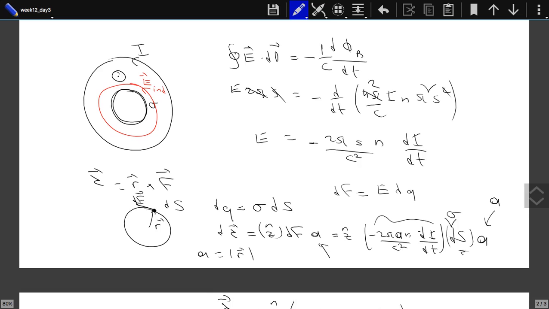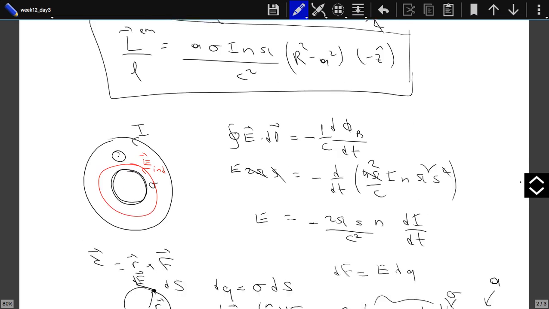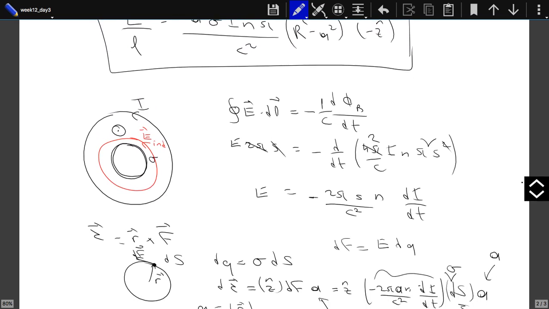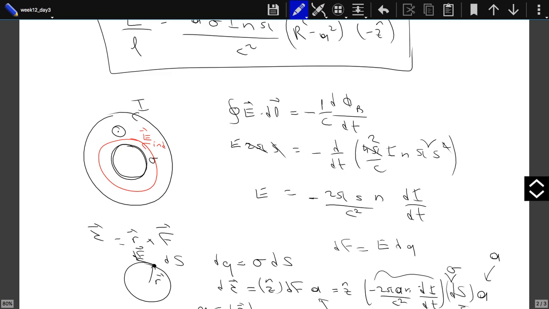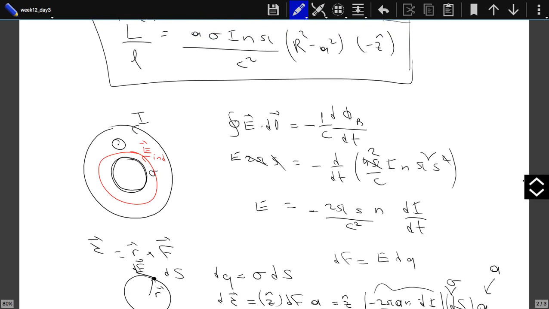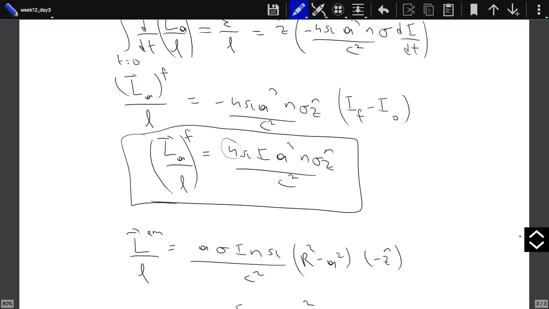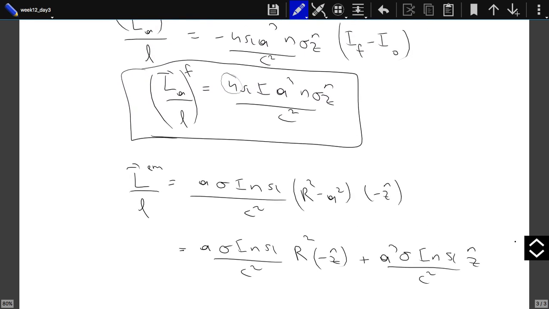The electric field times E dot dl is E times 2 pi S, which is minus d by dt of phi B. The B field is 4 pi over C I times N. And the area is pi S squared. Well, okay. I don't see that factor 4. But let's keep it and then we will see what's happening.